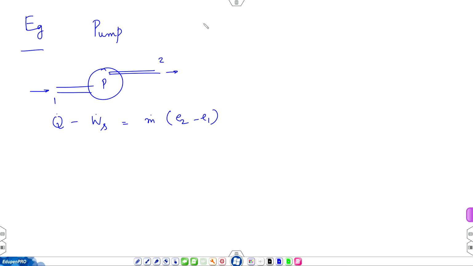So, let us assume that the pump is 100% efficient. So, let us say it is loss free, and then there are no losses in the connecting tubes. So, here in this little example, Q dot is 0.